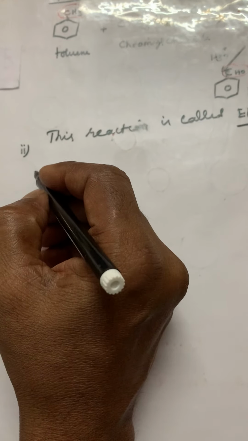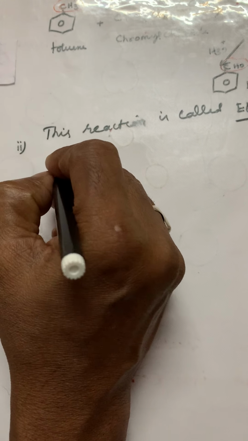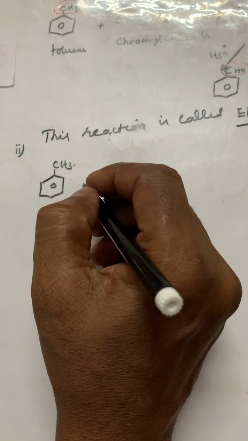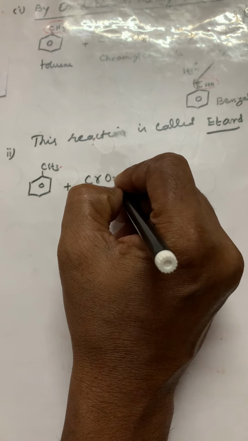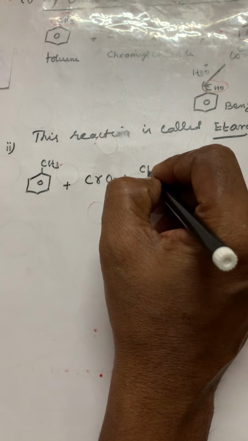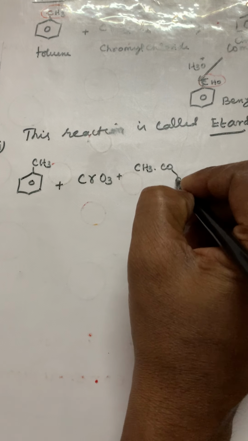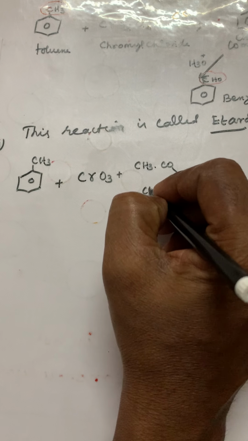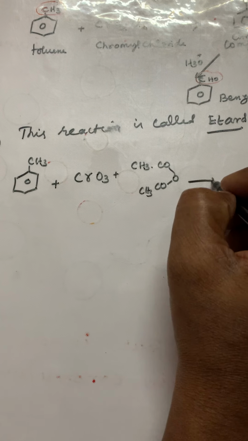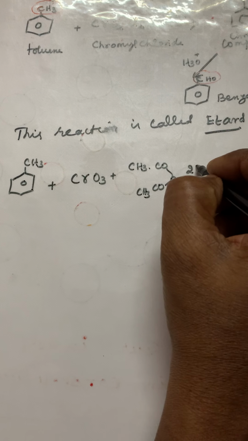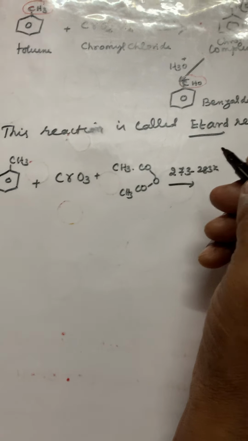The second one is also going to convert toluene to benzaldehyde. You take toluene and react it with chromic oxide, CrO3, and acetic anhydride, (CH3CO)2O, at 273 to 283 Kelvin.